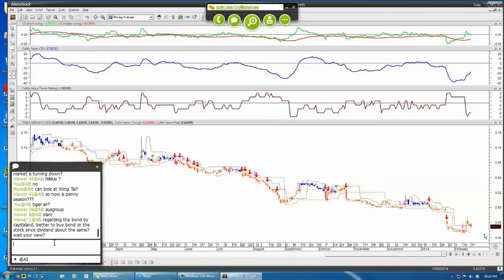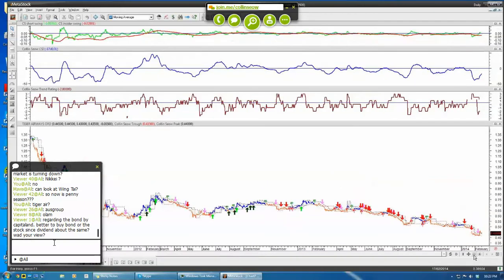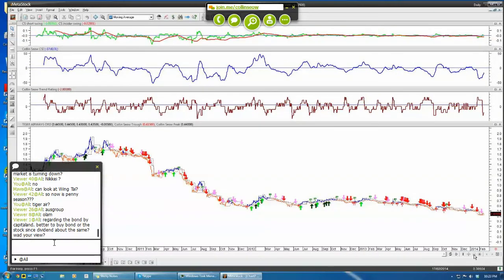Any question for Tiger? So one question someone will ask is, hey, when do we know where the bottom is? Like Tiger Air, when do we know that Tiger Air has made a bottom? The bottom is usually formed like this.